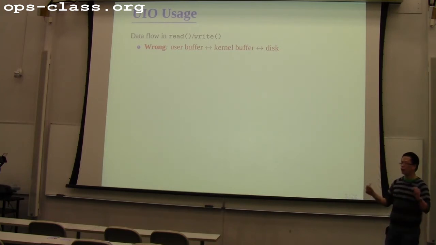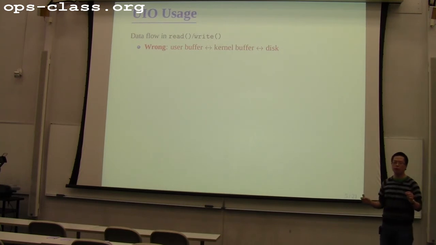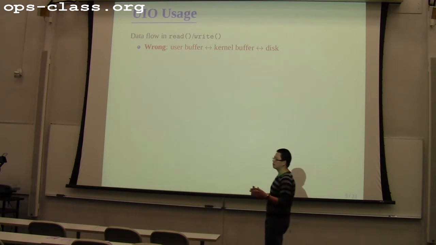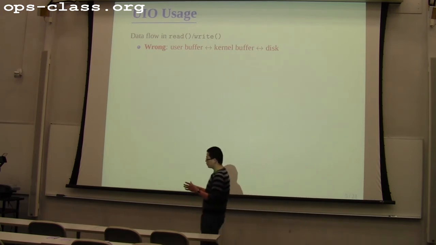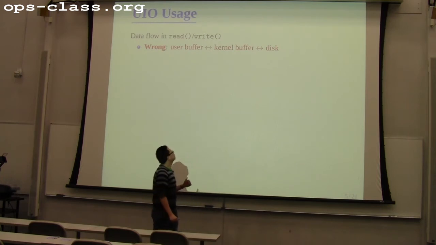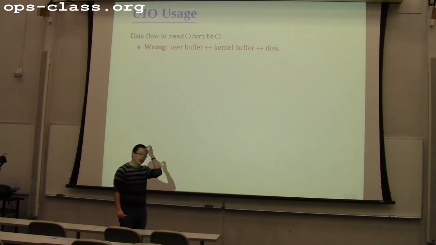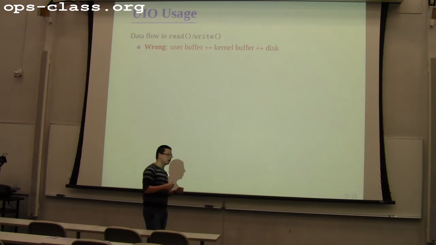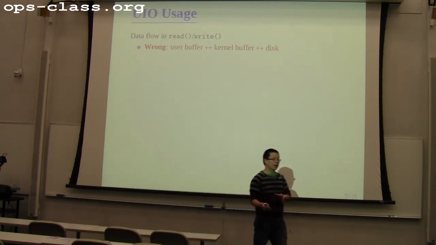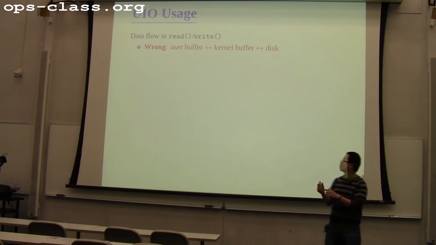So they allocate a chunk of kernel buffer using kmalloc and initialize the UIO for this kernel buffer, and then use VOP_READ to read the content from disk to the kernel buffer. And then they use copyout to copy the content from kernel buffer to user buffer. Right? This is basically the data flow.